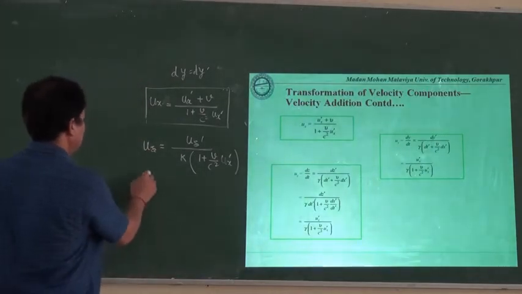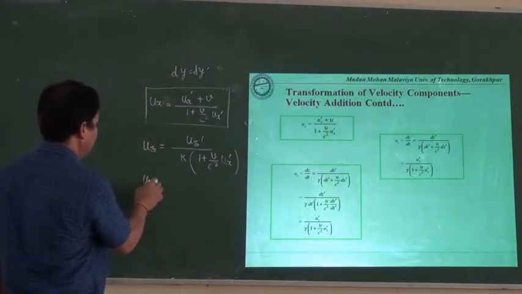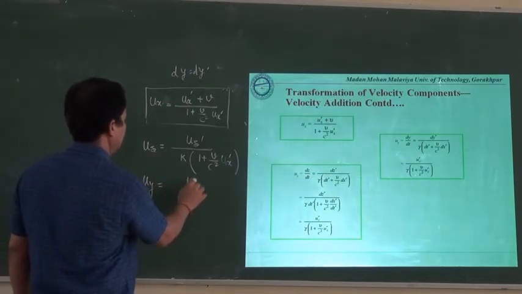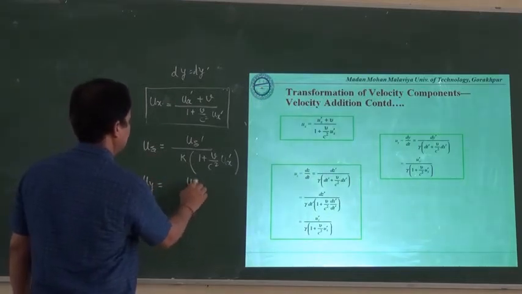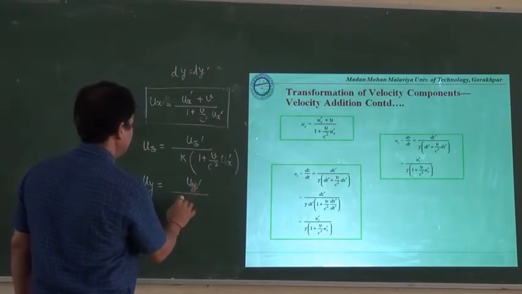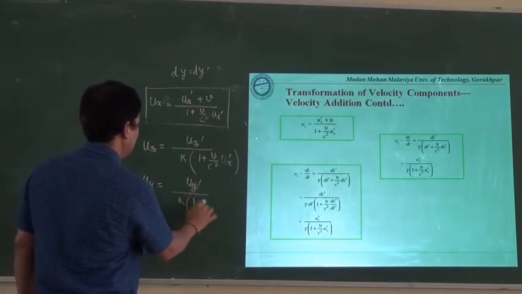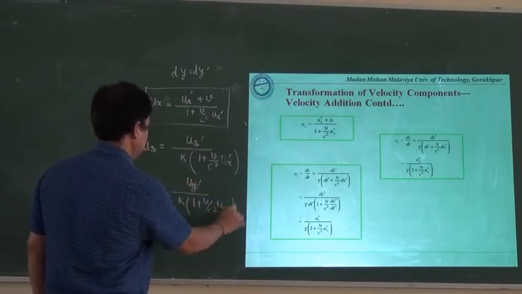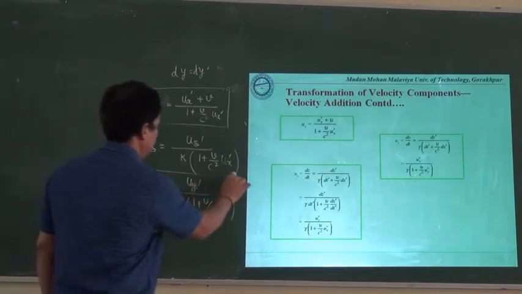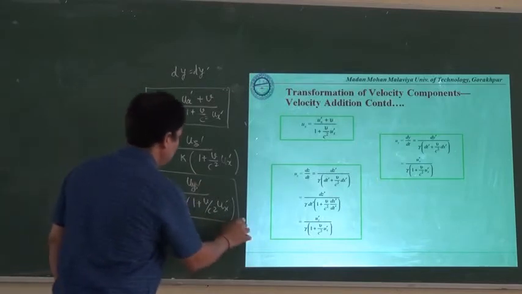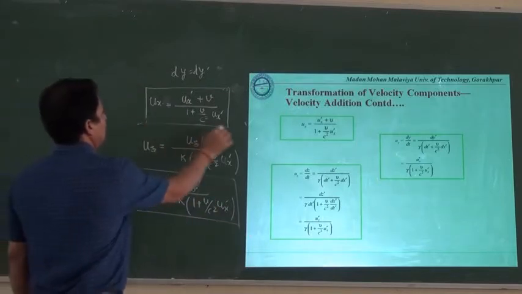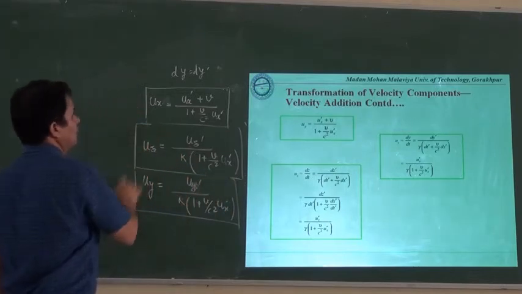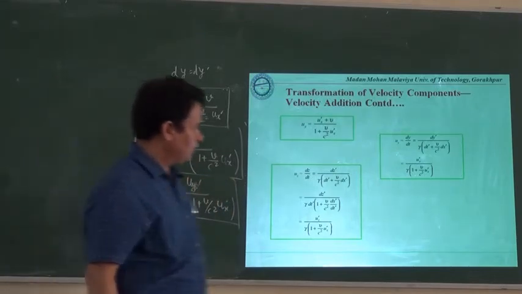So you will see that along the y component we have uy is equal to uy dash divided by k times 1 plus v upon c square into ux dash. So these are the relations between the components of velocity as observed in the light of the Lorentz transformation equations.